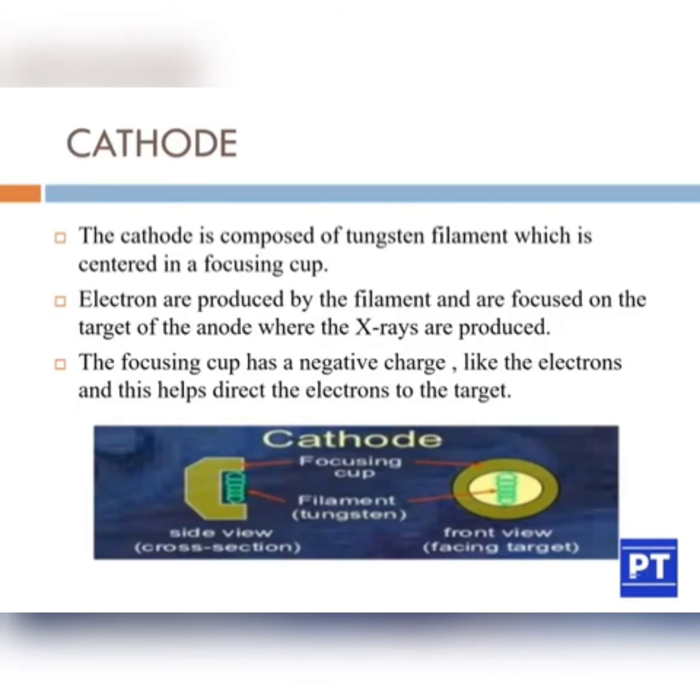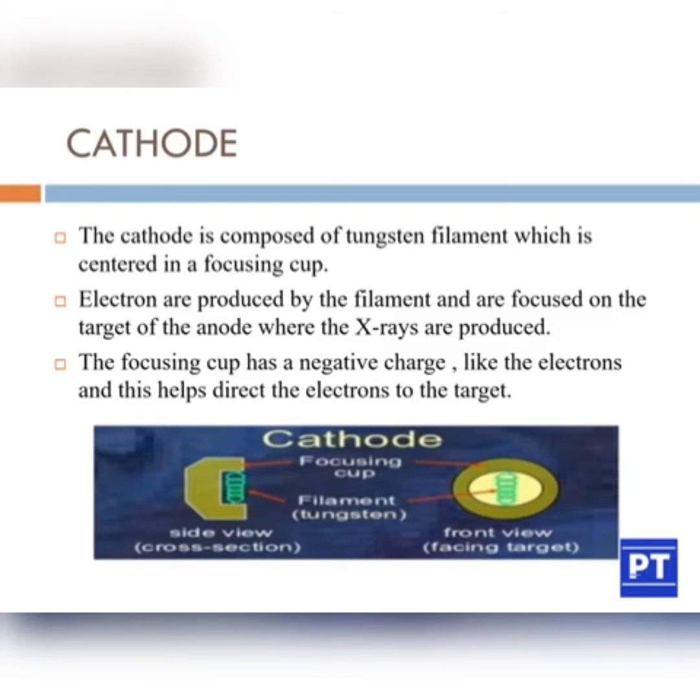The electrons are produced by the filament. As we have discussed in the properties of X-rays, when fast moving electrons hit the target, X-rays are produced.